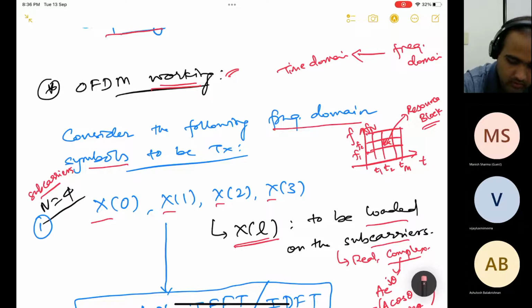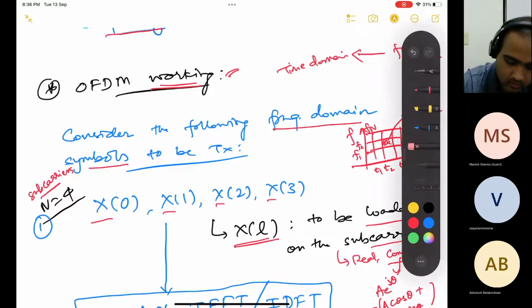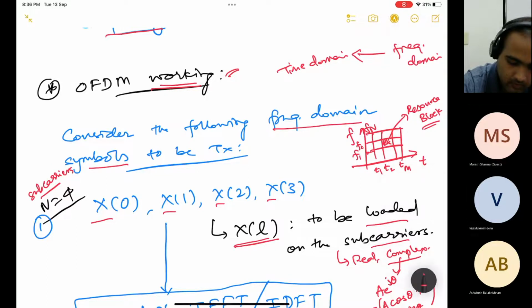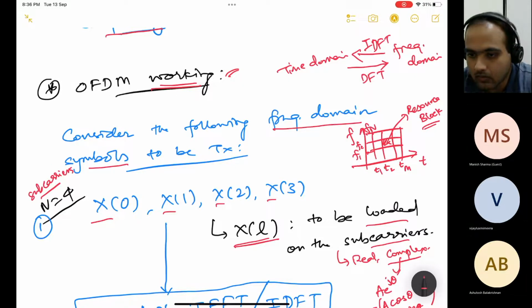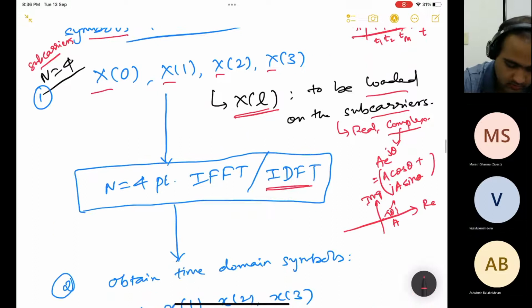From frequency domain to time domain, we'll use the inverse DFT, and time to frequency is the DFT. Now, you should know this.